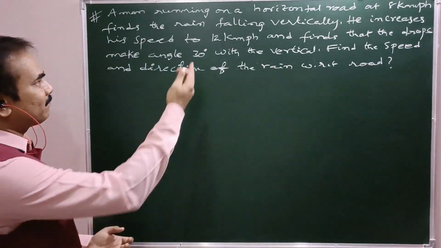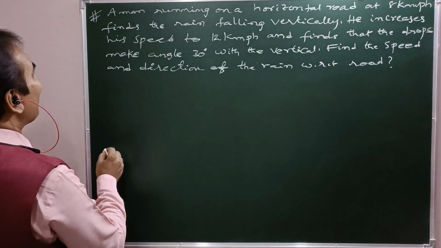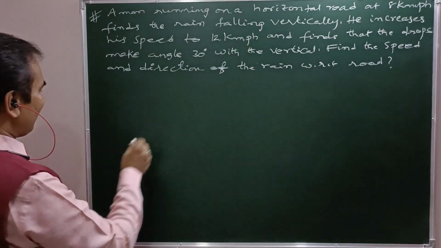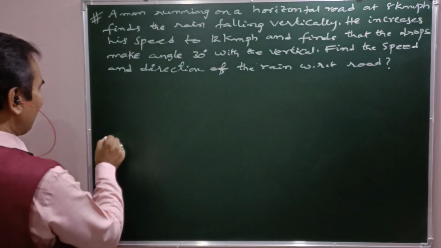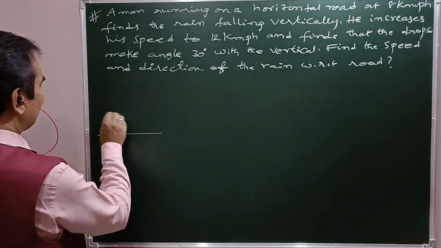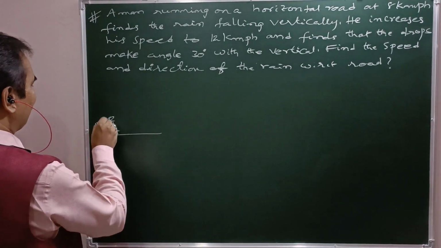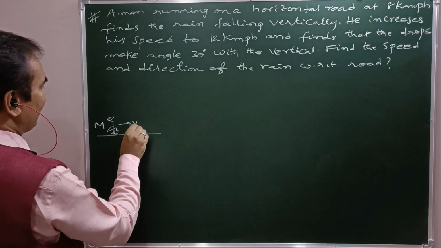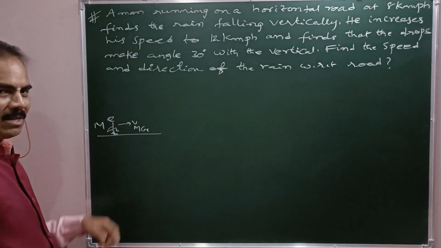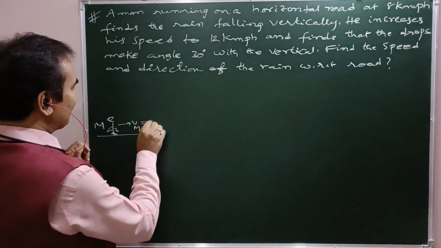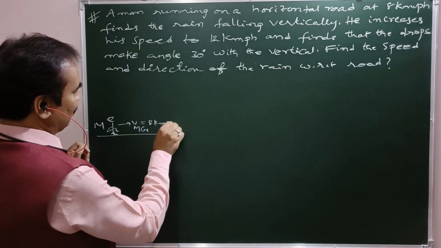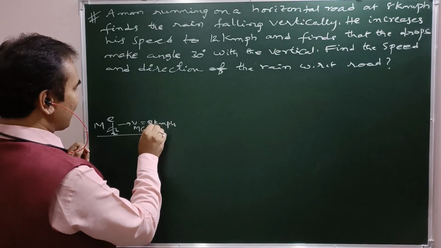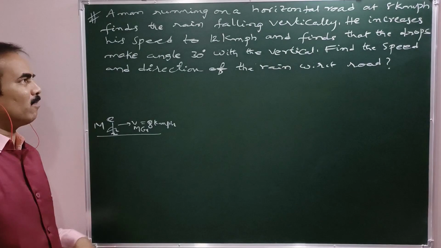Okay. Now see, from data, man is running on a horizontal road at 8 kmph. So here is the man who is running at VMG, velocity of man with respect to ground. That is 8 kmph. Towards positive x-axis, for example, right?